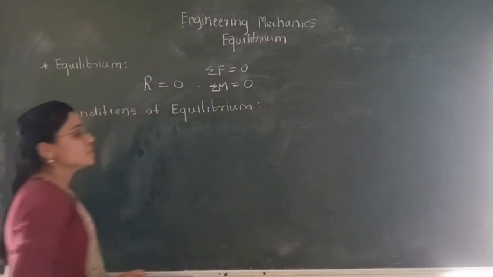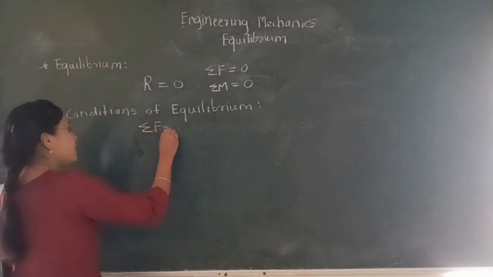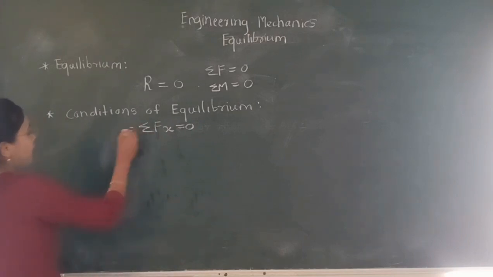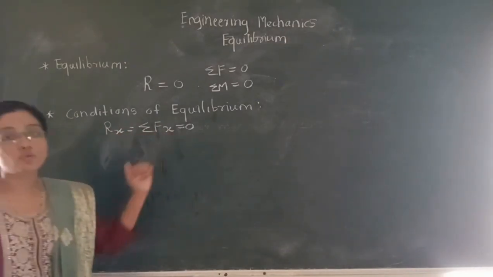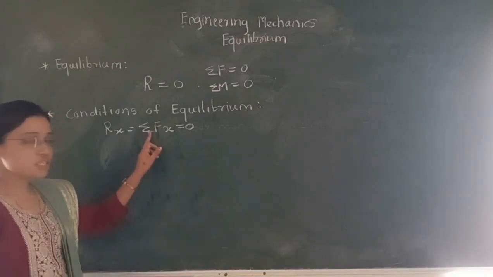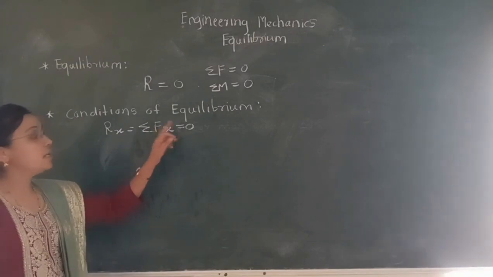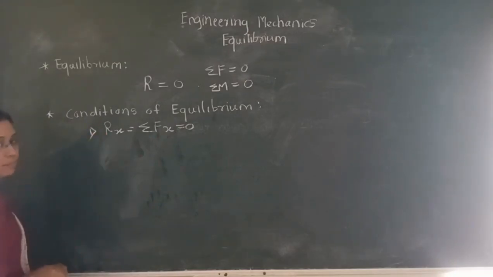The first condition of equilibrium is summation of Fx is equal to 0, or we can call it the resultant of all forces acting in the x direction is equal to 0. Okay? Addition of all forces acting in the x direction is equal to 0. So this is the first condition of equilibrium.